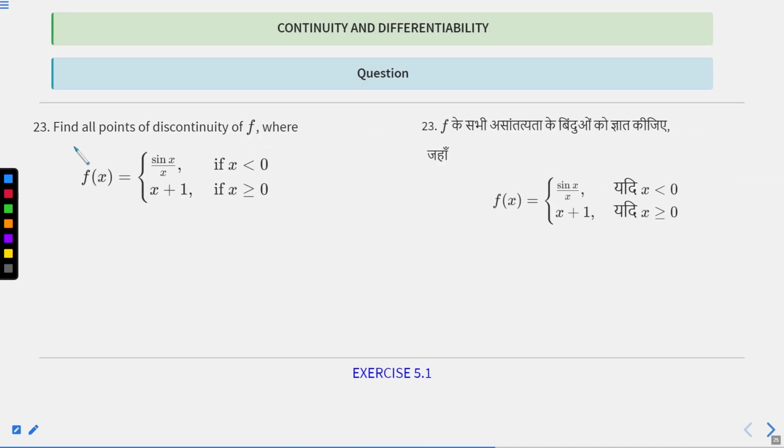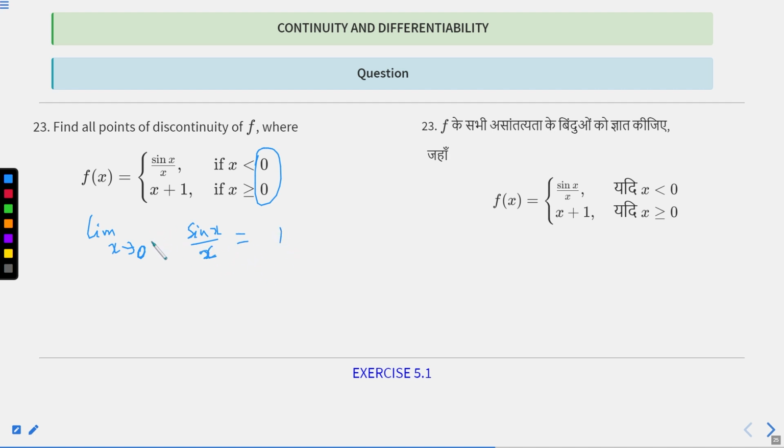Now we have to find the discontinuity points. As we know, pick any c less than 0 and any c greater than 0, it will be continuous. I hope that it is very simple. You only have to check the given endpoints. So limit x tends to 0 from the left, sine x by x, you all know this is going to be 1.